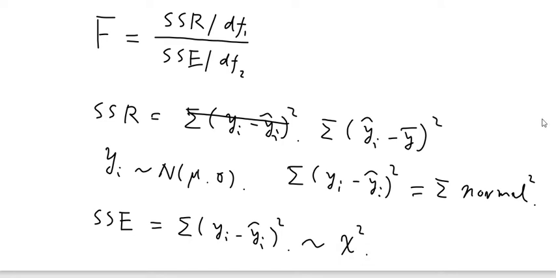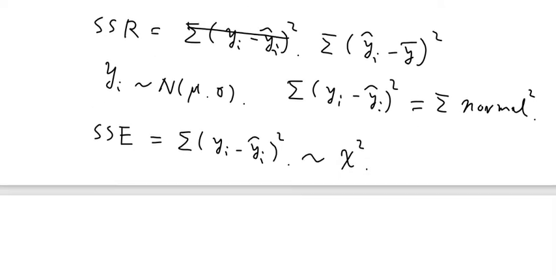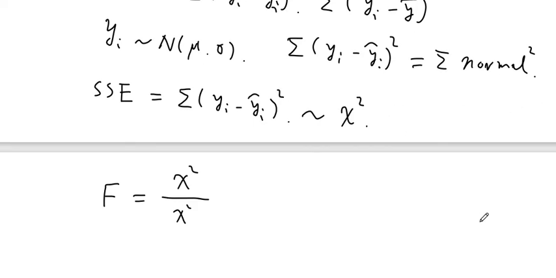Okay, so what is the F distribution? We can say F is just a chi-square over chi-square distribution. And here, if the degrees of freedom are R1 and R2, we need to divide by R1 and divide by R2.